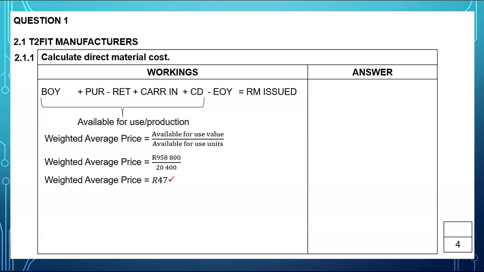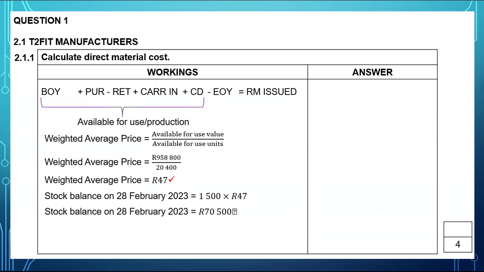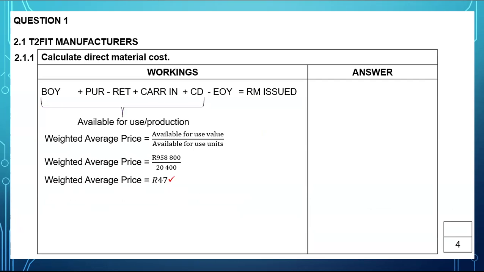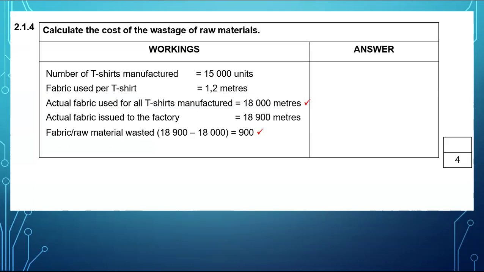Please check out the first video. So it was calculated as 47 Rand. You will take the unit wasted or fabric wasted and multiply it by the average price of 47 Rand. And the cost of wastage will be 42,300.